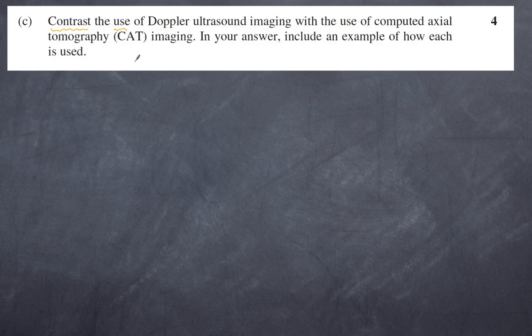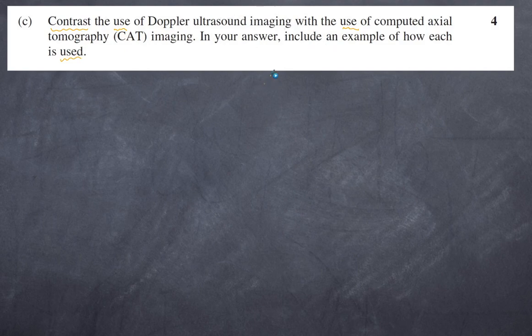The second aspect is about the use of Doppler ultrasound imaging. We are not interested in the production of Doppler ultrasound imaging, nor interested in the formation of the CAT scan imaging. It's about their use. And finally, in your answer, you need to include an example of how it is used. And because we're contrasting, you can't really use the one example for both.